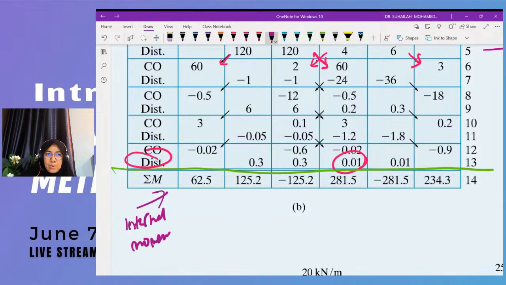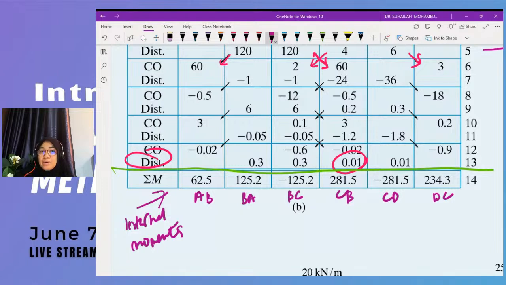This is AB, MAB. This is MBA. This is MBC, MCB, MCD, MDC.